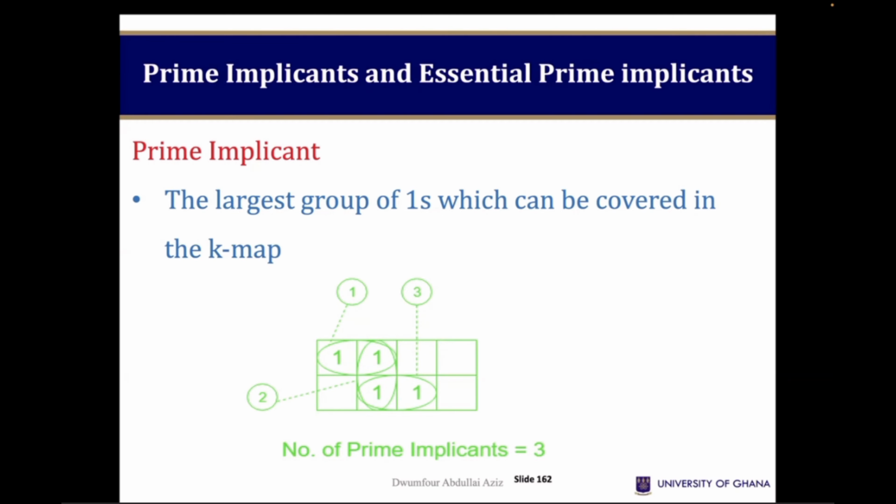If there were a group that has more than 2 ones, then that would be the largest. So don't forget that each group is in powers of 2. You can have a group of 2 ones, a group of 4 ones, or a group of 8 ones.